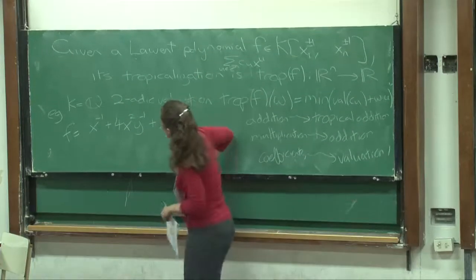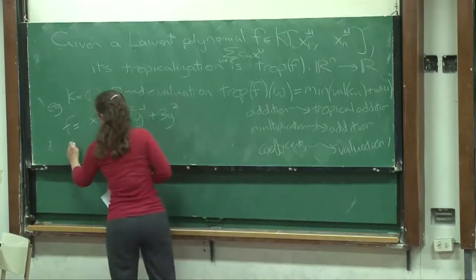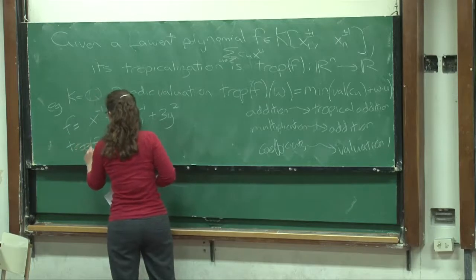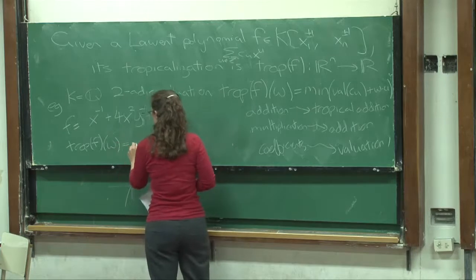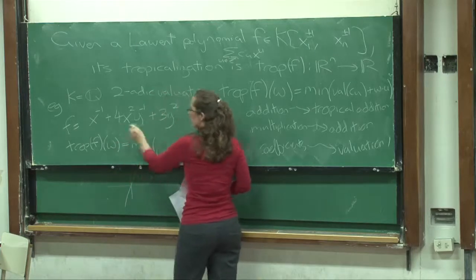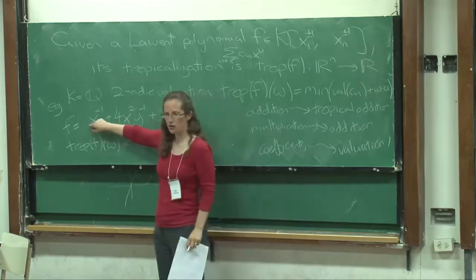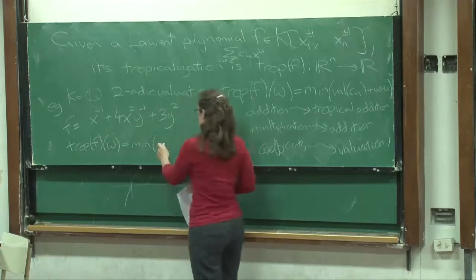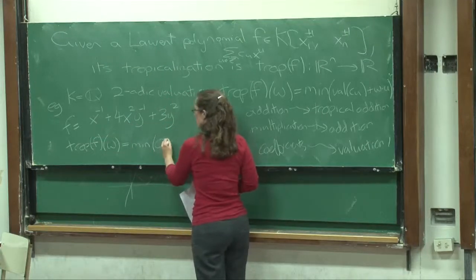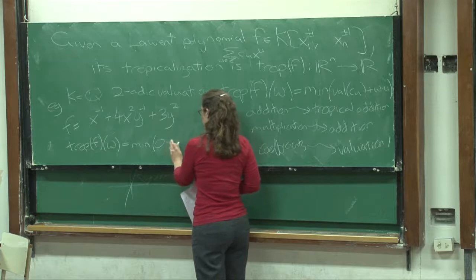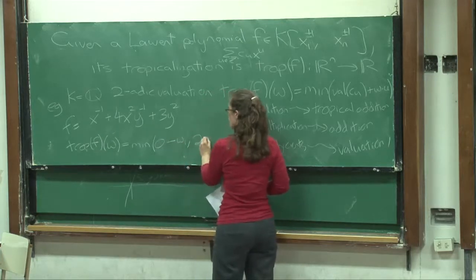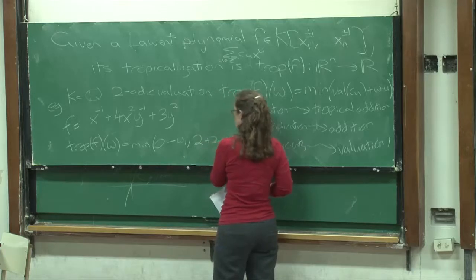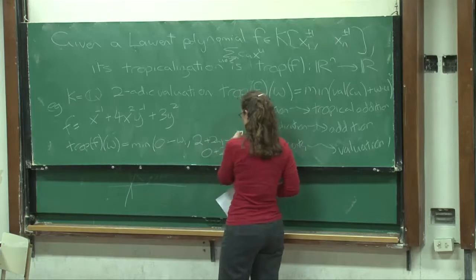If I tropicalize it, trop f applied to w is the minimum of: the coefficient here is 1, which has valuation 0, so I get 0 plus minus w1, then 2 plus 2w1 minus w2, and 0 plus 2w2.